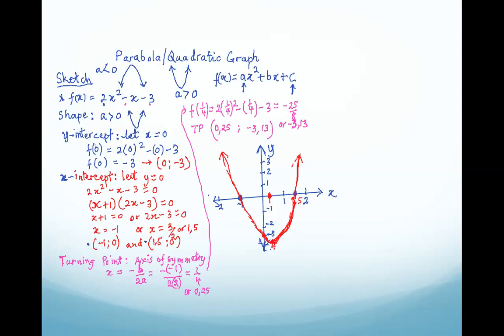You find the turning point. So for the turning point, you need to find the axis of symmetry first. That is x is equal to minus b over 2a. Whatever you get for the axis of symmetry, it is the x value of the turning point. So take it and substitute into the original equation or the original function. Wherever you see x, put the value of x, you will get the y value, which gives you the turning point.